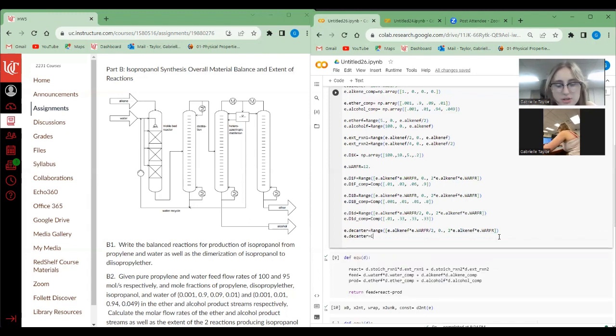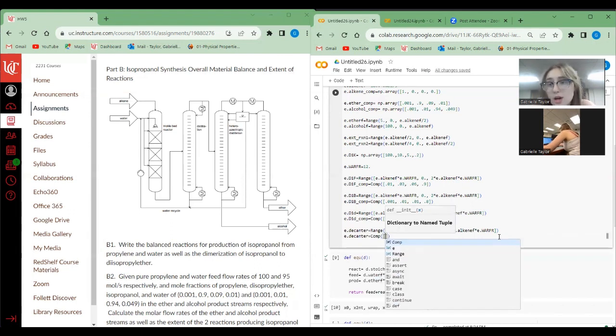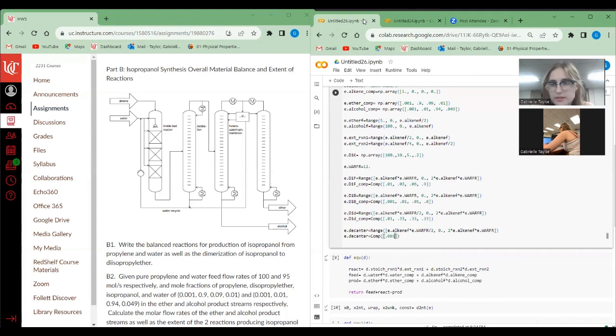So what is our composition of our decanter water? Let's think about this right now. We know that our water should be the highest, and there should be really low amounts of the other components. So let's just say 0.2, 0.02, 0.018, and then 0.98.